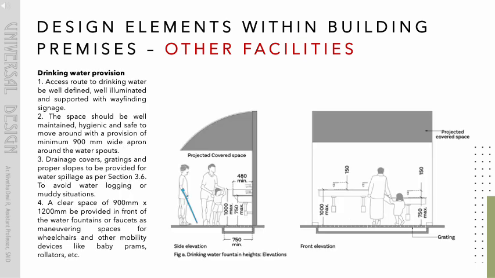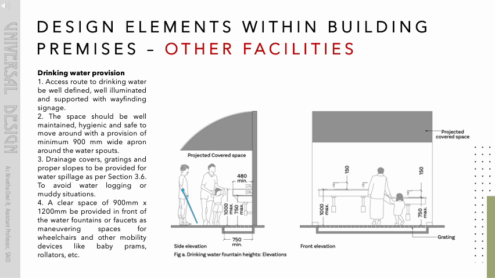Drinking water provision. 1. Access route to drinking water be well defined, well illuminated and supported with wayfinding signage. 2. The space should be well maintained, hygienic and safe to move around with the provision of minimum 900 mm wide apron around the water spouts. 3.